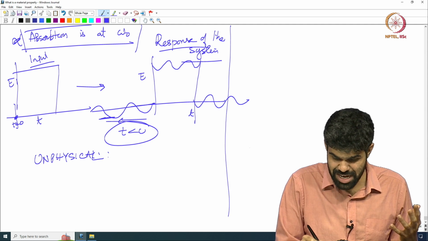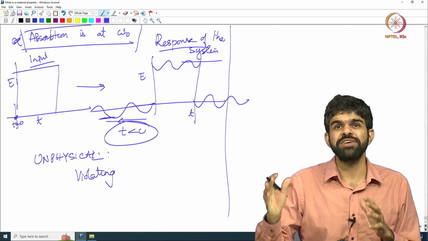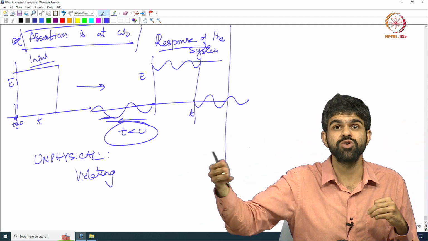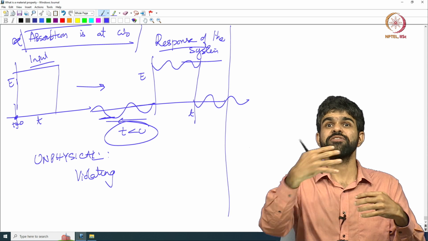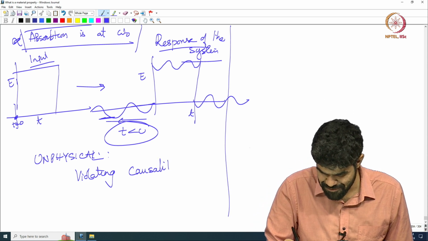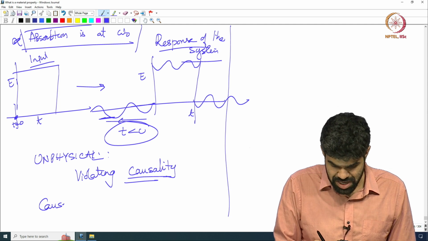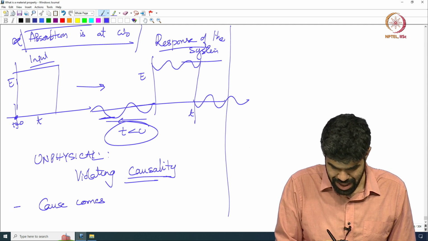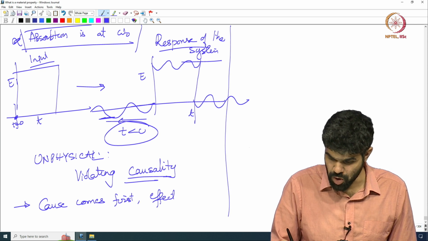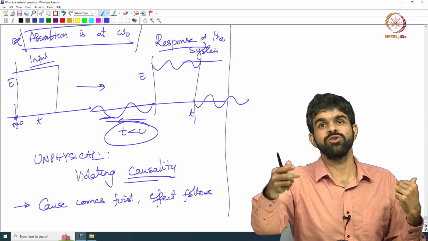So, this is unphysical because it is violating causality. Cause and effect: cause should come first, effect should come next, effect should always follow cause, effect should not come before cause. If effect comes before cause, this is violating what is called causality, right. Causality means cause comes first, effect follows, but effect should not come first and then cause happens.